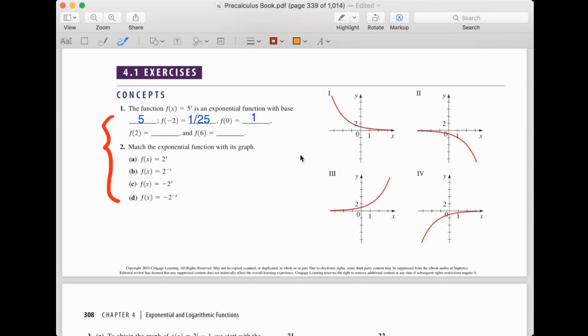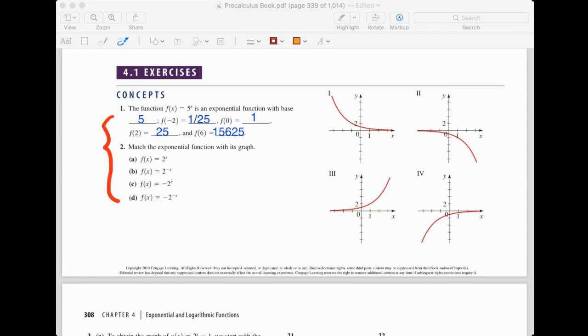And then f of 2 is 5 squared, which is 25. And then f of 6 is 5 to the power 6, which is 15625. Huge number. Great. Good job, Natalie.